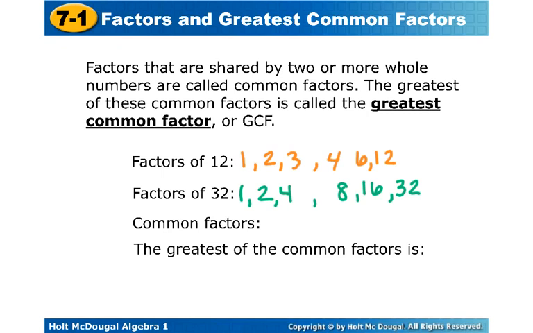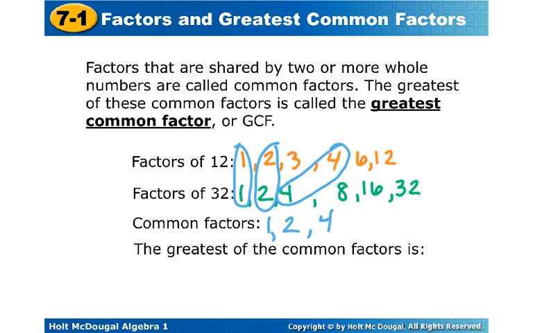So now what we're going to do is identify the common factors that they have. So it's where they have the same numbers. Looking at the lists, I see that they both have 1s. I see that they both have a 2. I see that only 12 has 3, but I see that they both have 4. And then they don't share any other numbers.